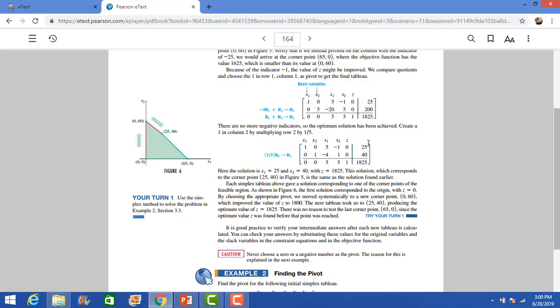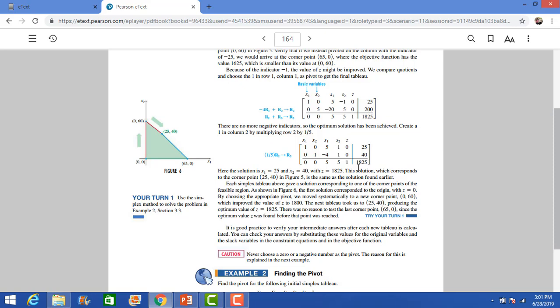And now guess what? When we multiply this, right? So now 25 times x1 plus 40 times x2 is going to give us 1825. And so our optimum value is 1825. And that will occur when x1 is 25 and x2 is 40.